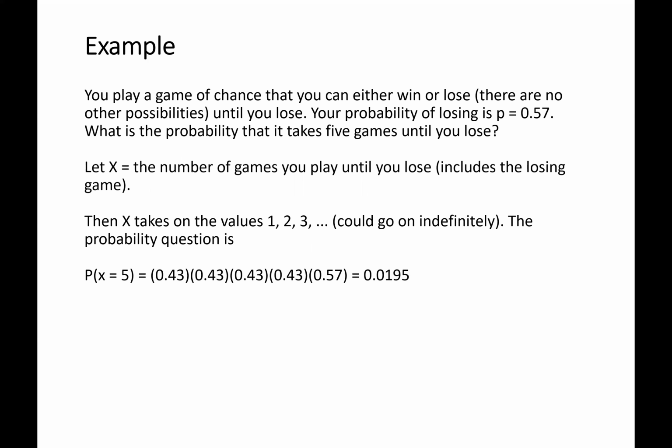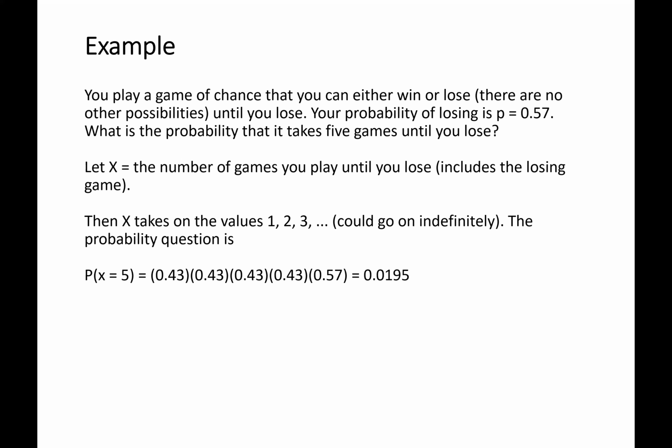So the probability that X equals 5 is the probability that you win, and you win, and you win, and you win, and you lose. So we multiply the probabilities together because these are and type probabilities. So it's 0.43 times 0.43 times 0.43 times 0.43 times, you finally lose, 0.57.